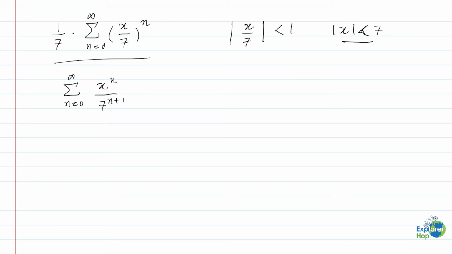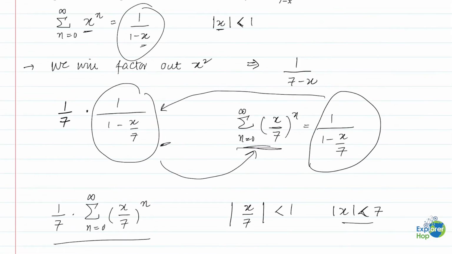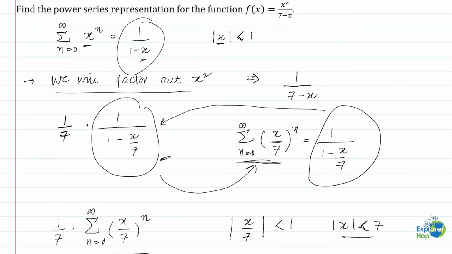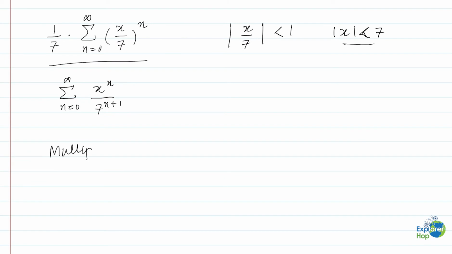We are pretty much there, but if you remember, we factored out x squared at the start. So now we need to add it back. We'll multiply this with x squared, and we get x squared times the summation n equals 0 to infinity of x to the power n over 7 to the power n plus 1.